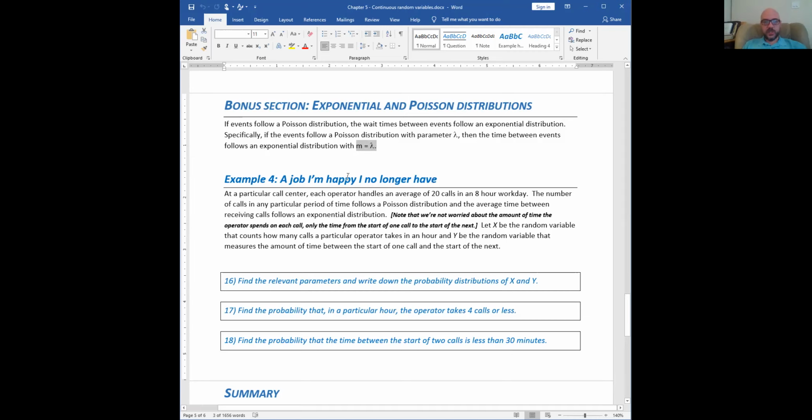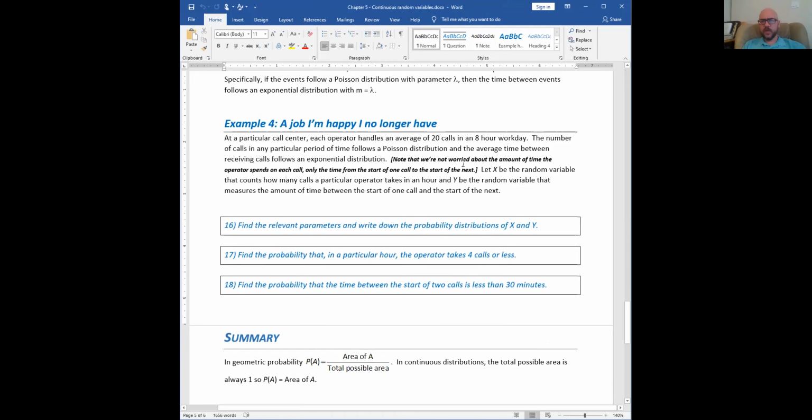So let's see how we can use this. We're going to count 2 different random variables, x and y. By the way, the title of this is, I used to work in a call center. It wasn't that much fun. At a particular call center, each operator handles an average of 20 calls in an 8-hour workday, which is to say 20 over 8 calls per hour.